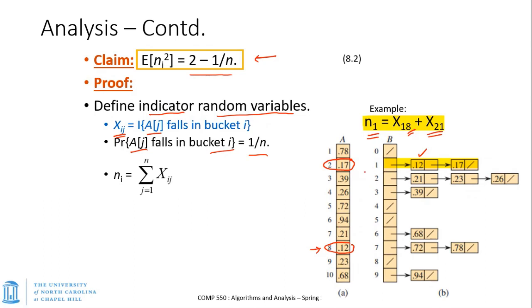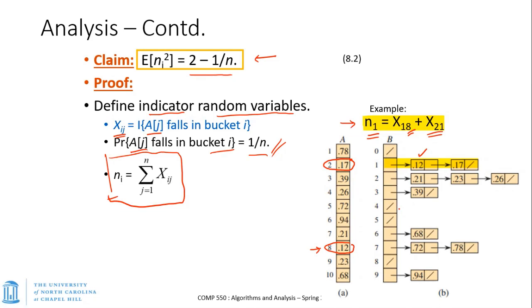It's simply uniformly distributed, so it's going to be 1 upon n. That hopefully is not hard to digest. So now what we're saying is that n sub i can simply be represented by the sum of all these indicator random variables, which is exactly what I've shown over here. So n1 would be this, and similarly you could construct different values of n sub i.